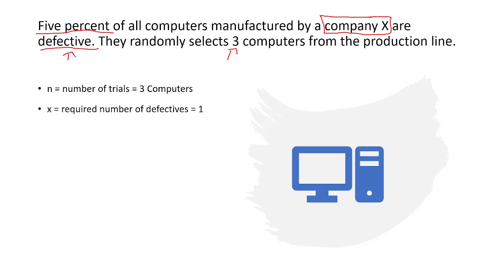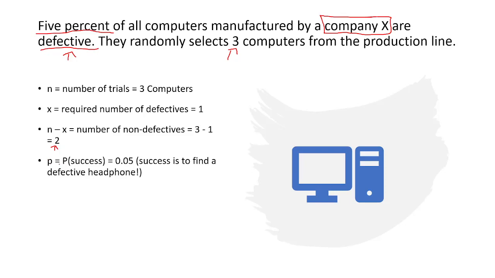Then n minus x, the number of non-defectives, is 3 minus 1 equals 2. The probability of success is 0.05.